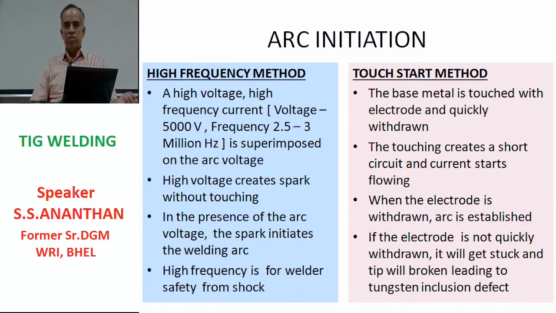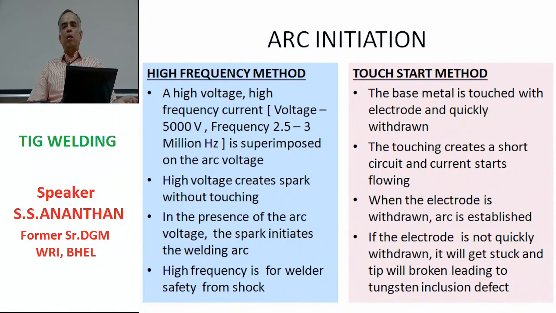Now the high frequency unit gives you a very high voltage also. That is the main function. But we have the 2.5 million cycles system, so it is a very big safety feature for the welder. When you are operating a 5000 volts power supply, there is a chance the welder will receive a shock. But when you operate the same voltage at 2.5 megahertz, the welder does not get any shock, because of the higher frequency, you have what is called the skin effect.